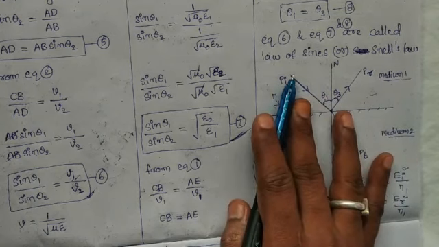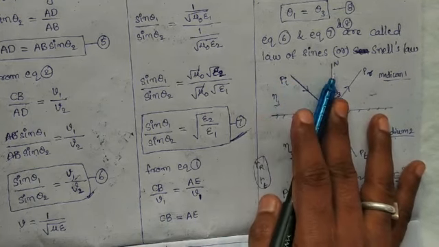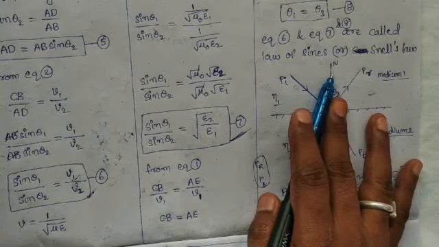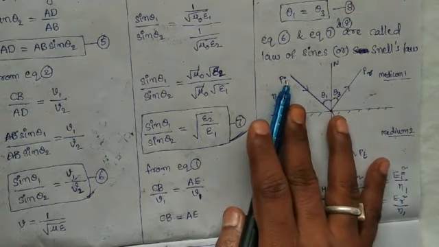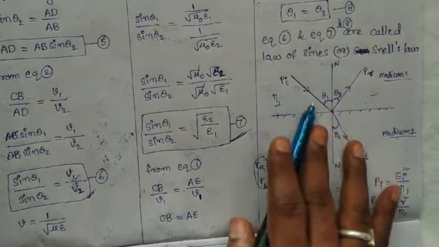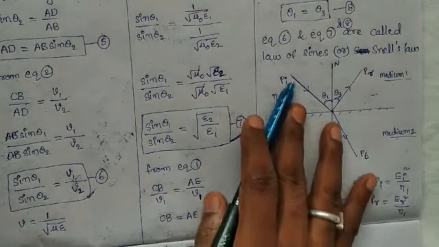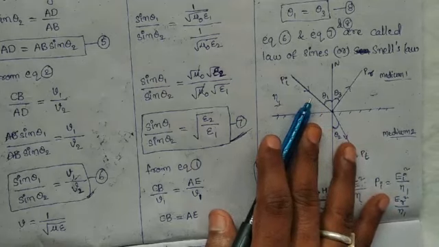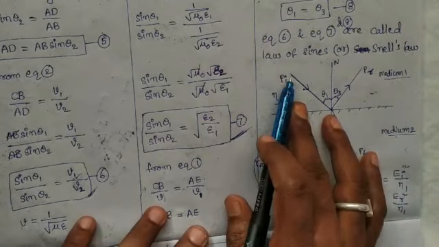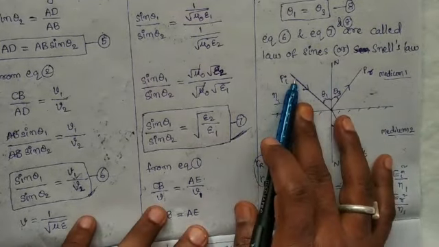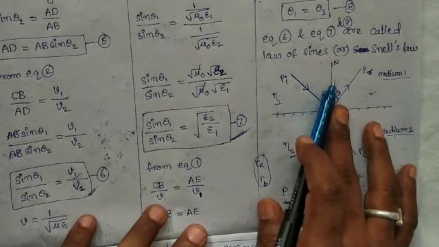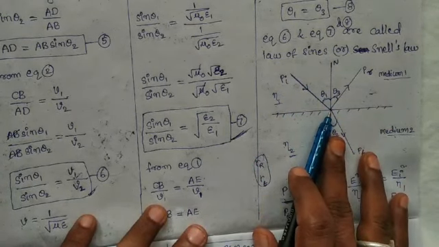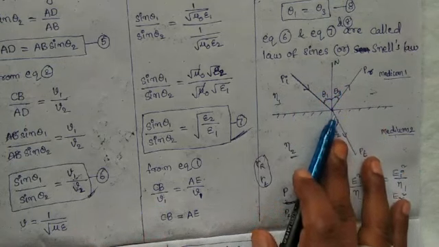What is the component of incident power along the normal? Here, the component of incident power along the normal axis is Pi cos theta 1.